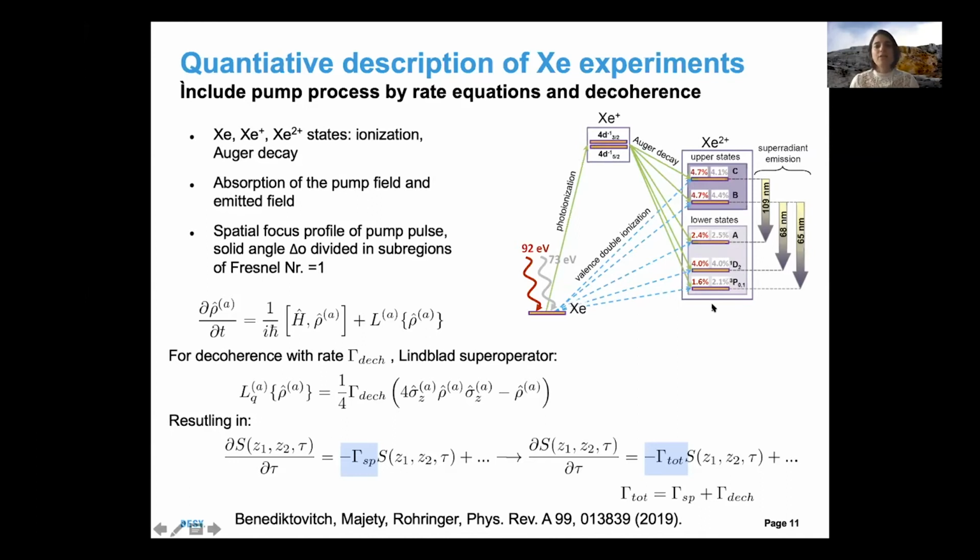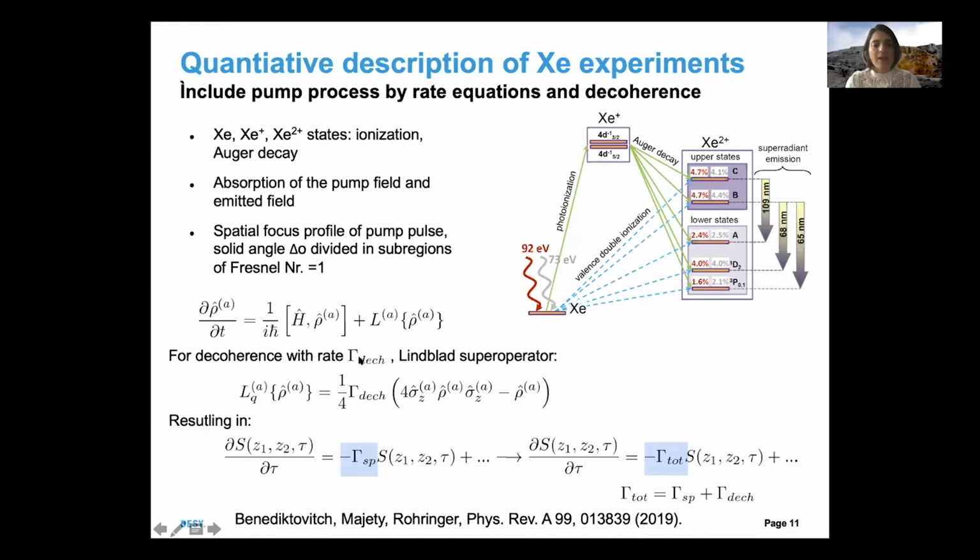And in the case of clusters, we need to also treat decoherence effects. This is technically done by introducing into the Liouville-von Neumann equation a Lindblad superoperator acting on the density matrix. Here you can see the Lindblad superoperator for a typical decoherence with a rate gamma.